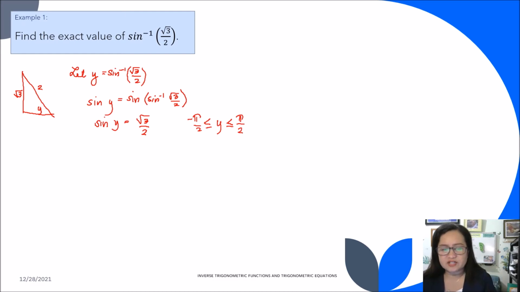So we have to get that angle between negative pi over 2 and pi over 2. In order to solve this, we can use our hand trick, the table of values which we have studied in the previous SLM, the special angles.